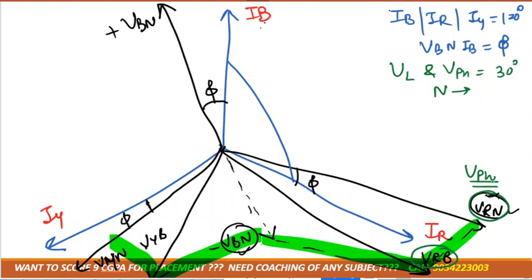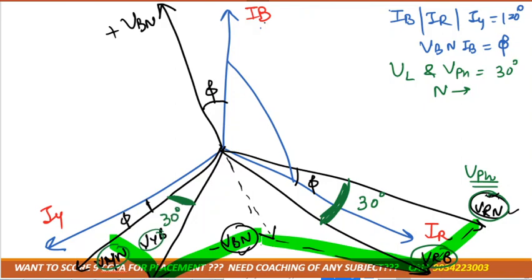So the angle between the phase voltage and the line voltage is 30 degrees. Again, VYN is the phase voltage, VYB is the line voltage. So the angle between line voltage and phase voltage is 30 degrees, correct?